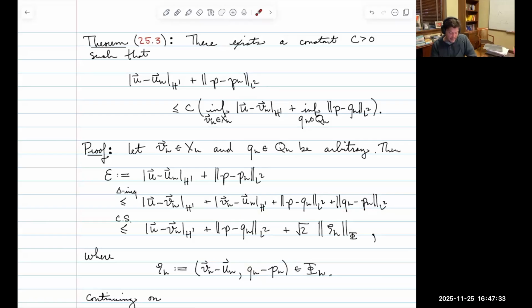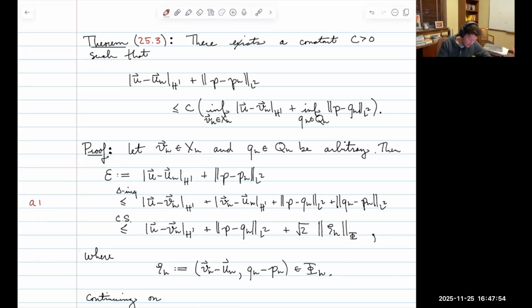Well, if I look at how I defined the norm previously, this is a part of the norm and this is a part of the norm, except the norm was the square root of these two squared. Well, I can use a Cauchy-Schwarz inequality.